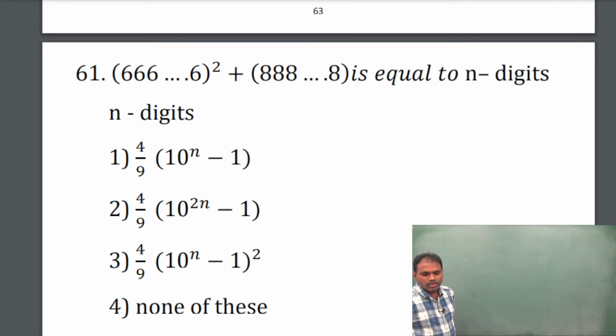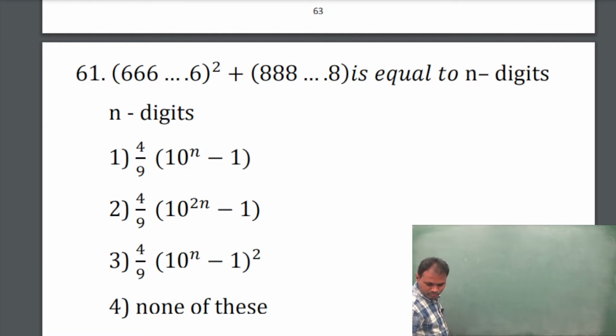If (6 into 6 into 6 into up to so on 6) whole square plus (8 into 8 into 8 into up to so on 8) is equal to, with n digits in the first and n digits in the last also. The first series has n terms, and in the second series also n terms are there.